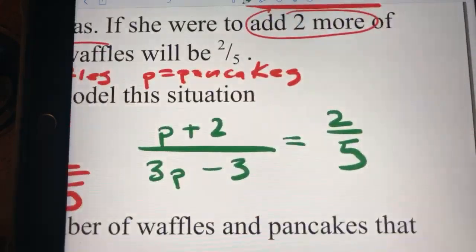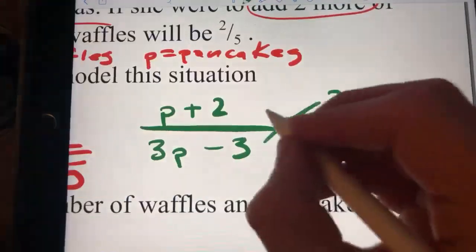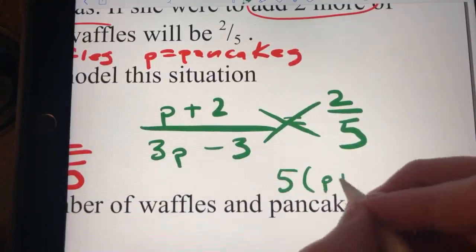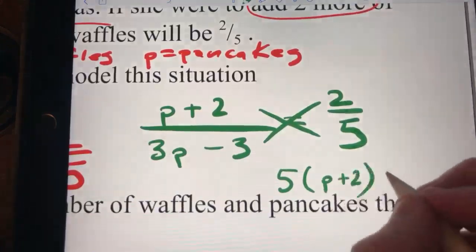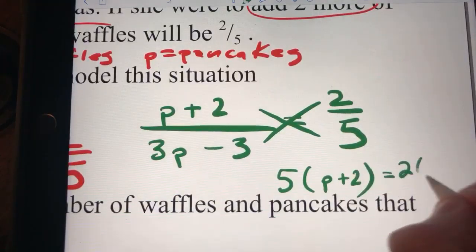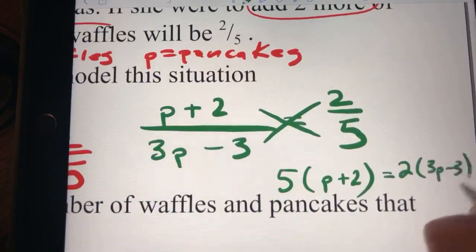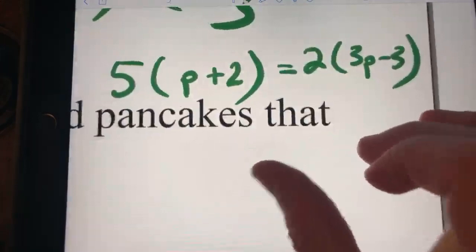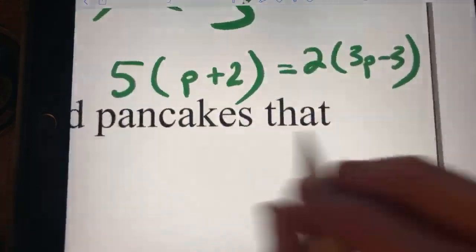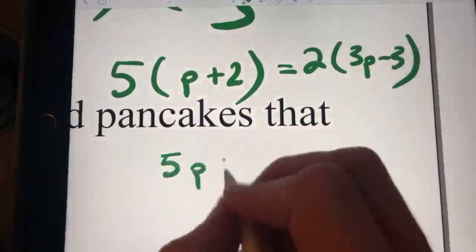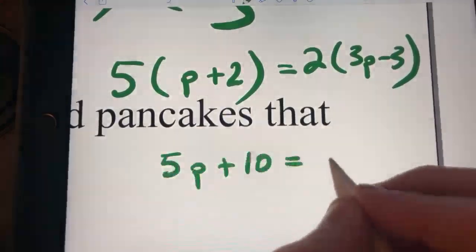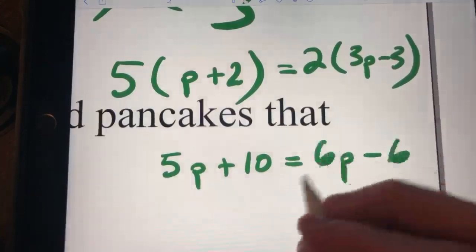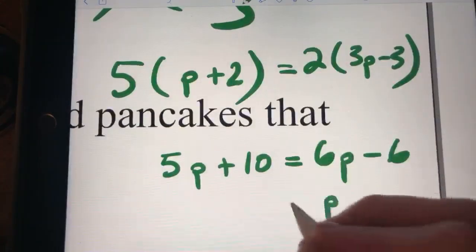And now how do we solve a proportion? Cross multiply. 5 times P plus 2 as a whole, parentheses, equals 2 times 3P minus 3. Notice that both of those have parentheses around them because I'm multiplying the entire thing by 5 and the entire thing by 2. Distribute, you get 5P plus 10 equals 6P minus 6, so P equals 16.